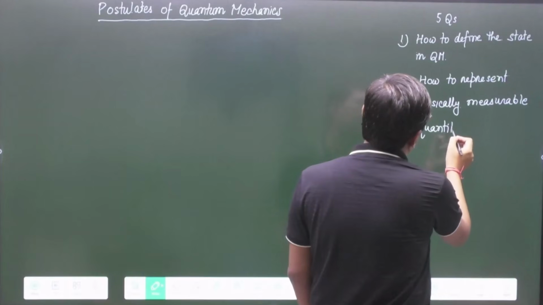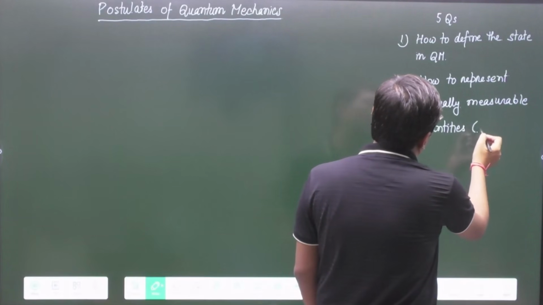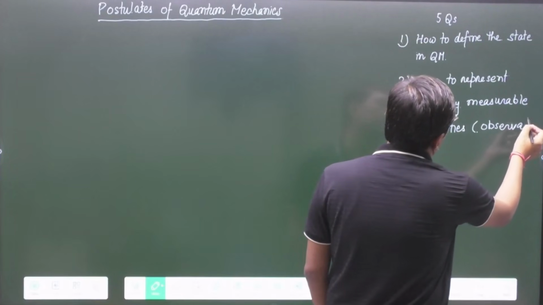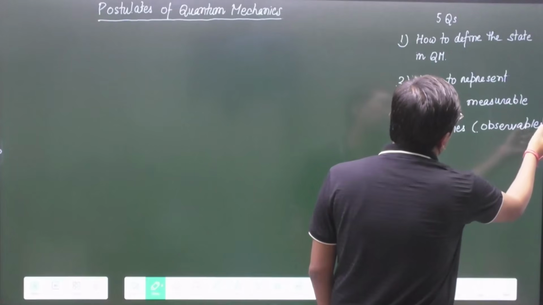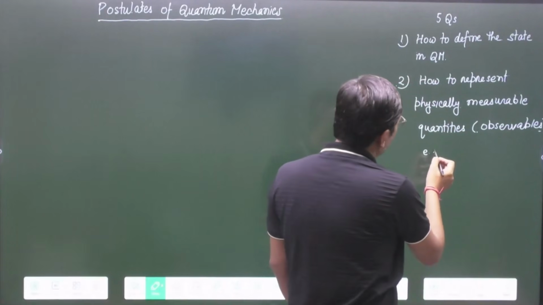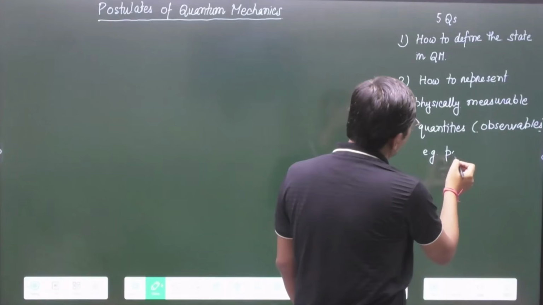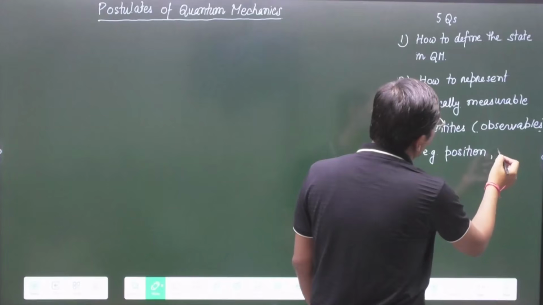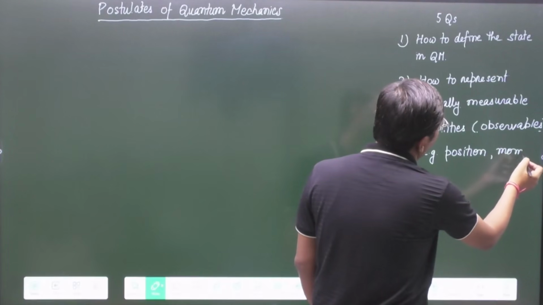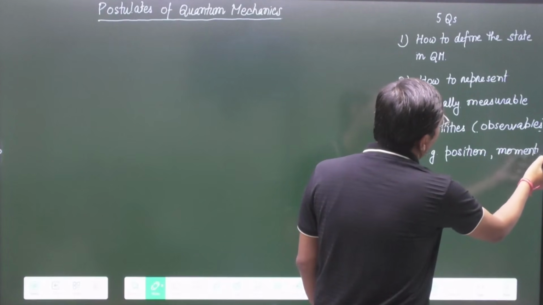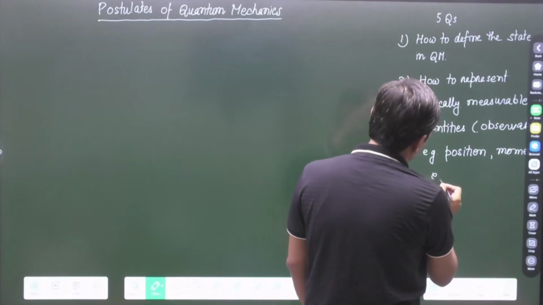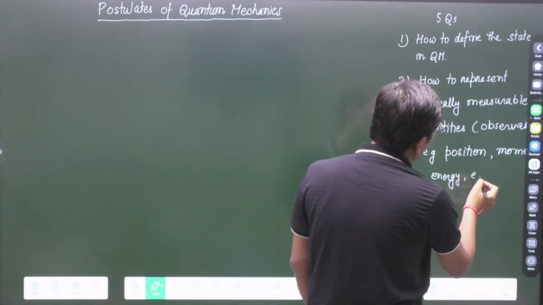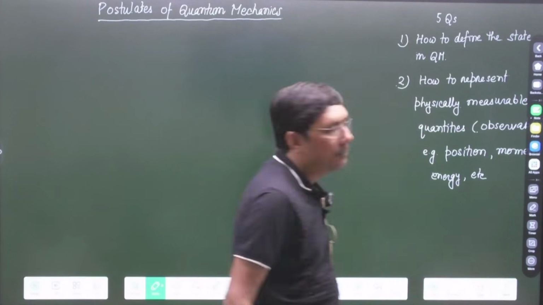In quantum mechanics, they are called observables. For example, position, momentum, energy, angular momentum, etc.